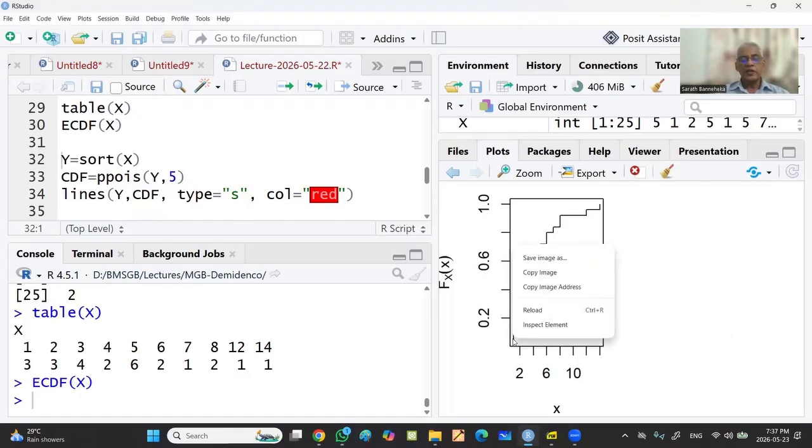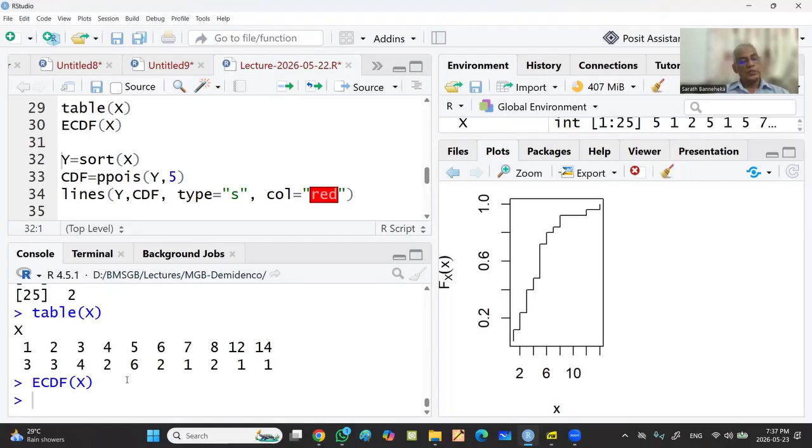At the same point, the second value will be 2 over 25. At the same point, again, the third value will be 3 over 25. Now it goes to the fourth value, that is x equal to 3. Again, there are multiple values, so the first value here will be 4 over 25 and then 5 over 25 and like that. So this is the empirical cumulative distribution function coming from that.